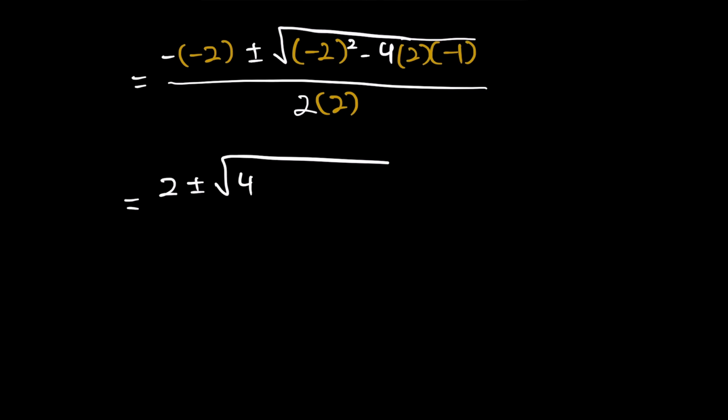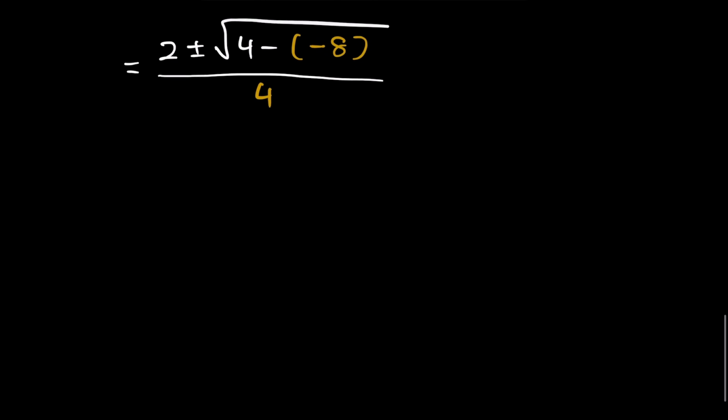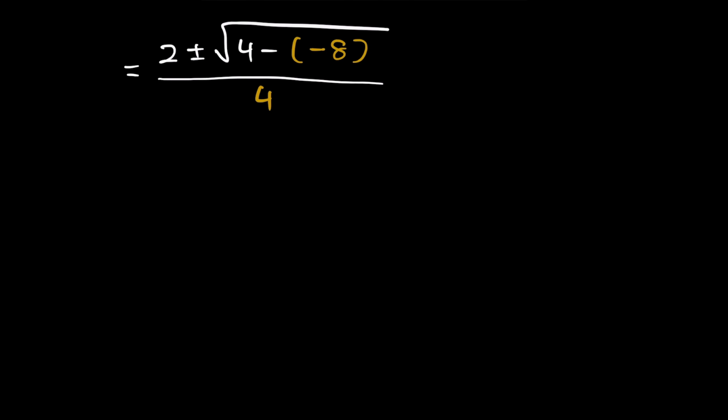And then we have minus 4 times 2, which is 8, and 8 times negative 1 is minus 8. So we have 4 minus negative 8 over there, and all of that divided by 2 times 2, which is equal to 4. All right? We're almost there.